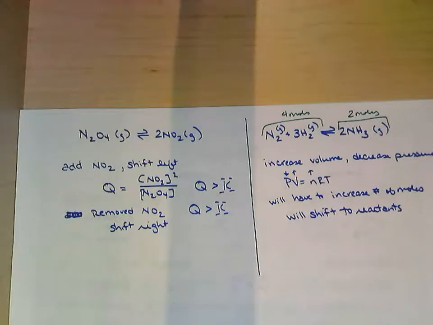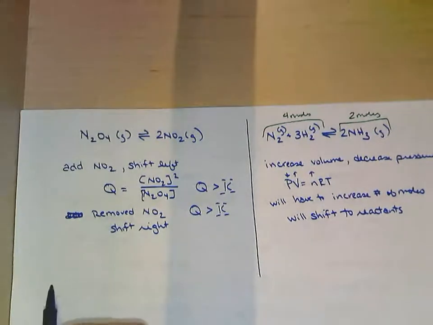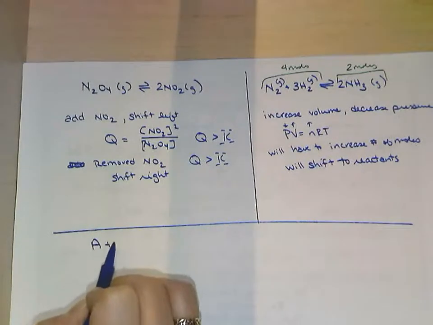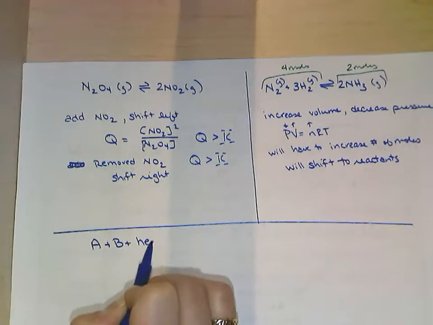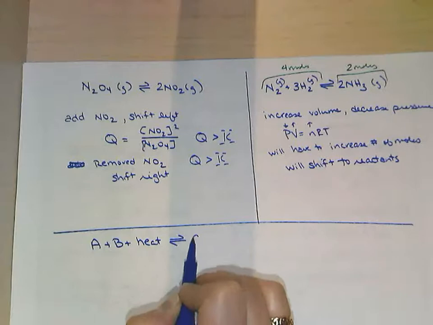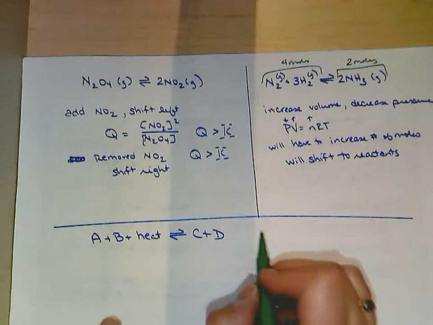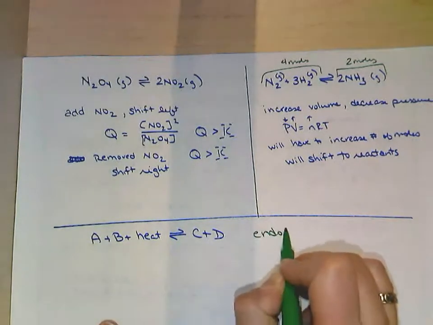All right, let's do one last example before the end of class today. Let's say I have this. Now I have heat as a reactant. If I have heat as a reactant, that is the definition of an endothermic reaction.